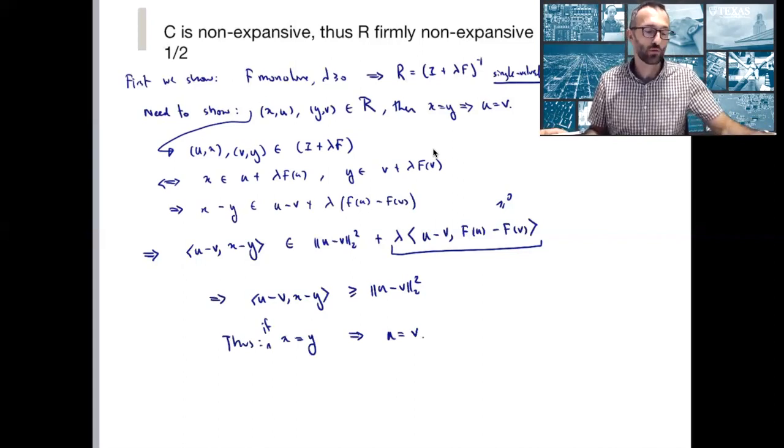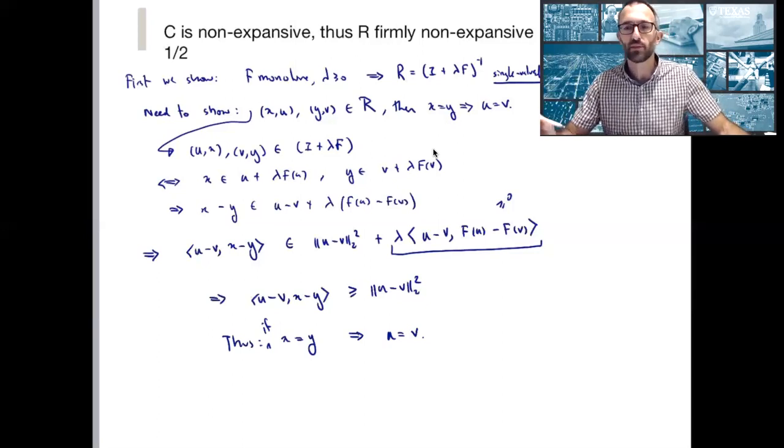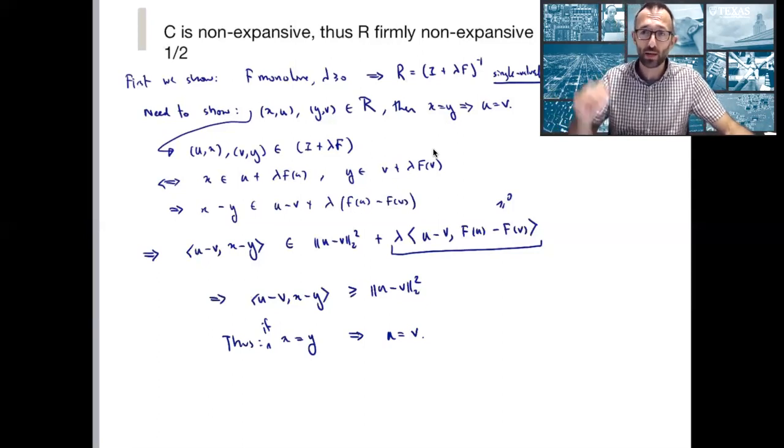So far we've shown that R is single-valued. Again, something that we had reasoned using strong convexity in the special case where f is the subdifferential of any convex function, and R is its resolvent, which again is equivalent to the prox mapping.